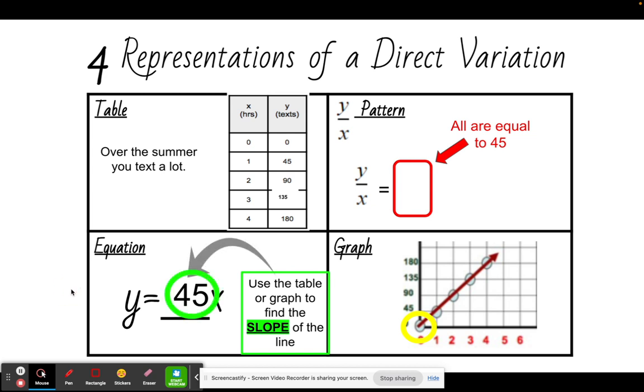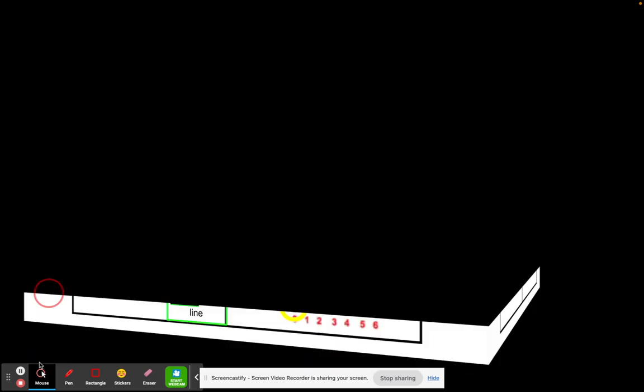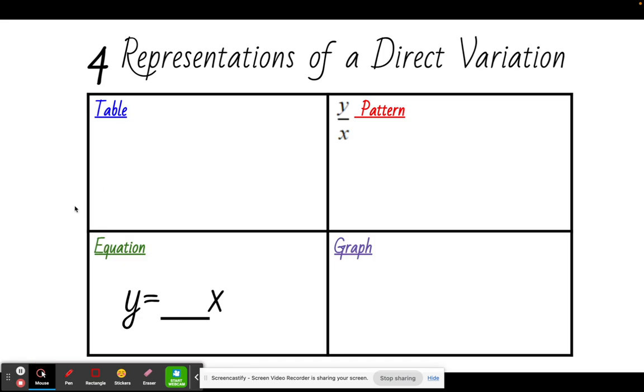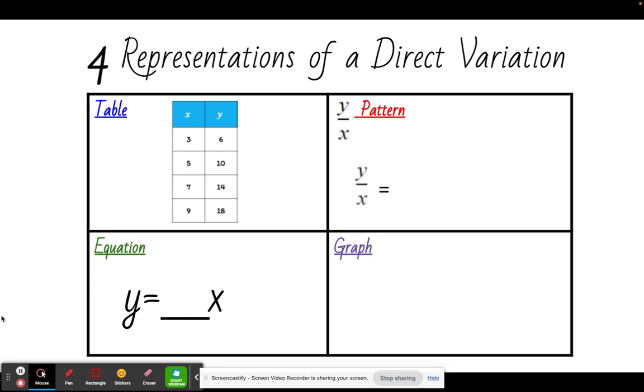Let's look at my next example. Here's my table. Let's look at my y over x pattern.